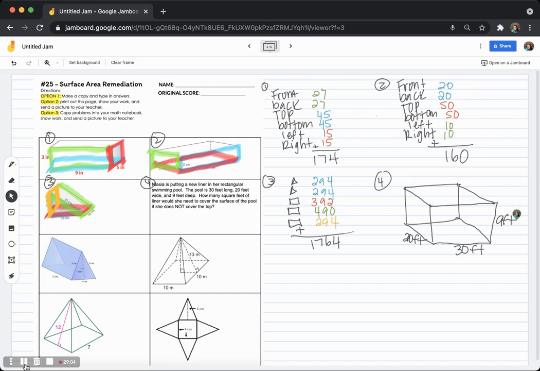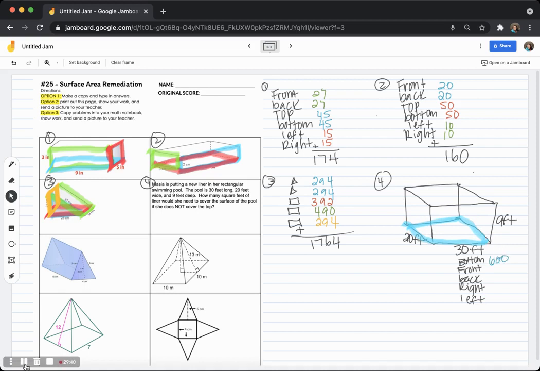And she's going to cover everything except the top. So that would mean that she covers the bottom, the front, the back, the right, and the left. Right, so the bottom is 20 by 30, so that would give us an area of 600.